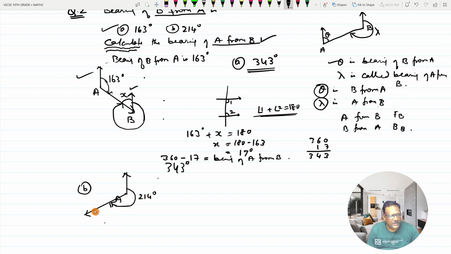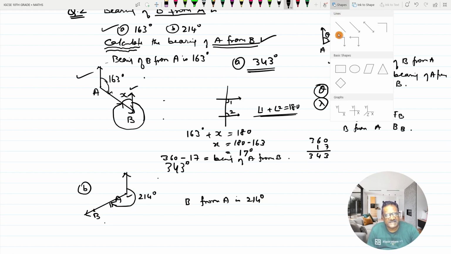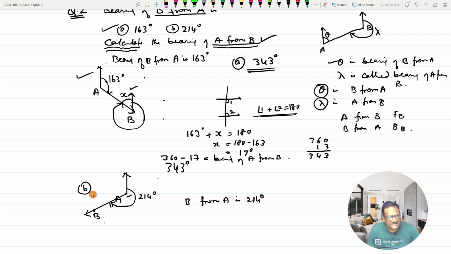So this point B will be somewhere over here. Can you see that? This was my point A, and this is my point B. This is 214 degree. Now this diagram is showing me that B from A is 214 degree, but they have asked me to calculate A from B. So to calculate that, at B I'm going to draw again a north direction arrow.